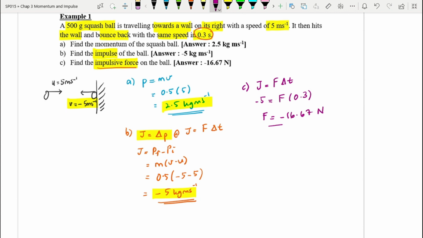Mungkin jawapan saya salah, tapi double check je lah. Okay, so 5 divided by 0.3. So you will still get negative sign for force. Okay, sebab apa lagi, bila soalan tu cakap impulsive force on the ball. On the ball pula tu, jadi logik lah force tu applied by the wall towards the ball. Jadi F akan negatif sebab dia ke kiri juga. Okay, so example 1 dah settle.